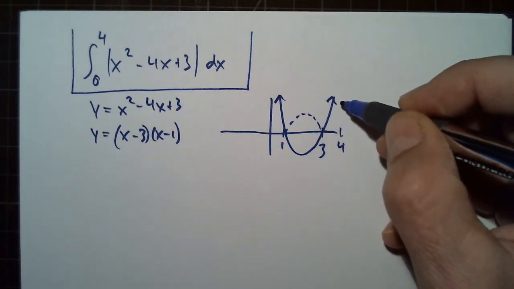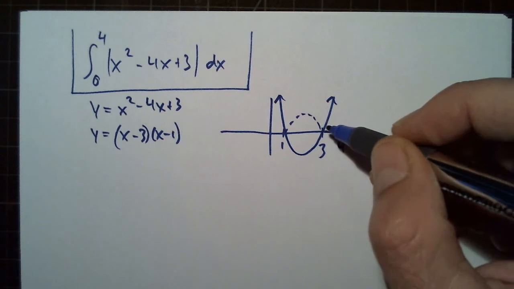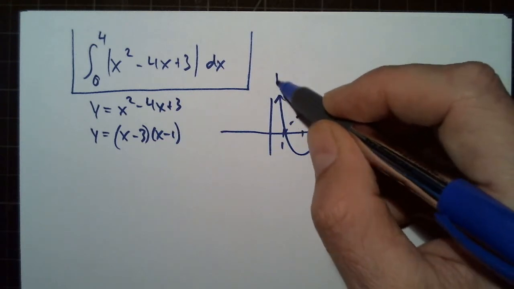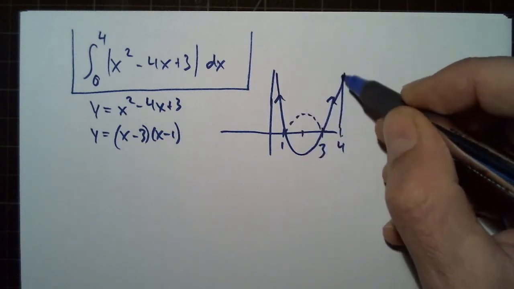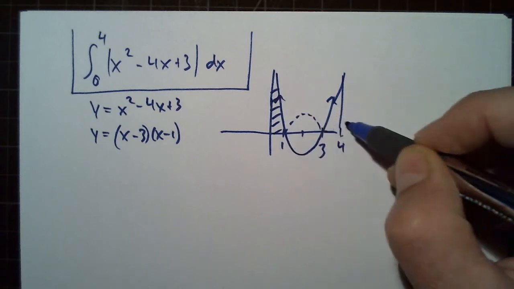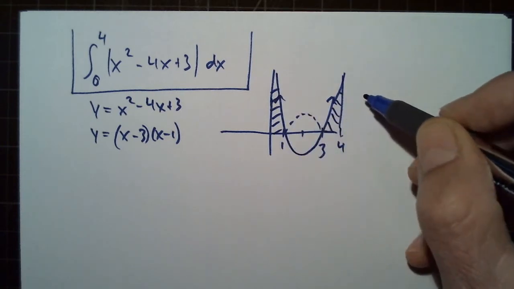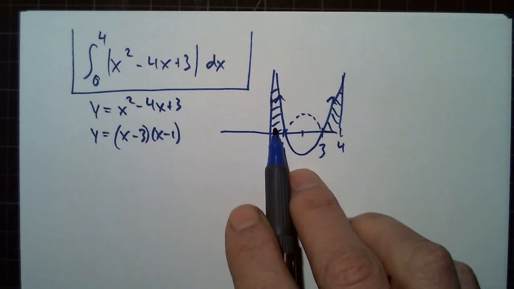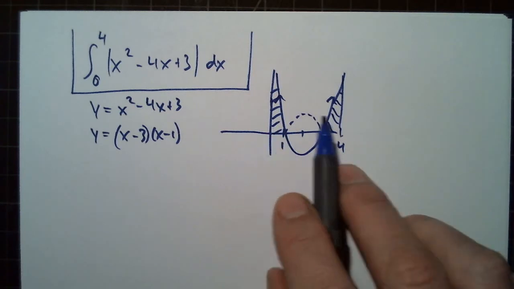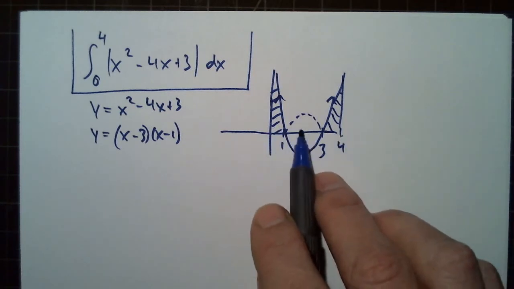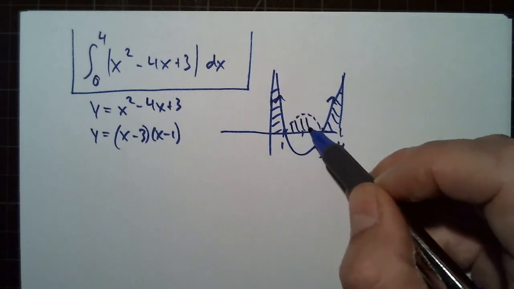We do have a little shortcut here due to symmetry, and that is this region is equal to this region. So we can really just calculate that integral times 2, and then we can do this integral in here.